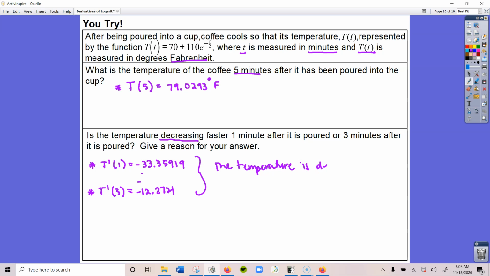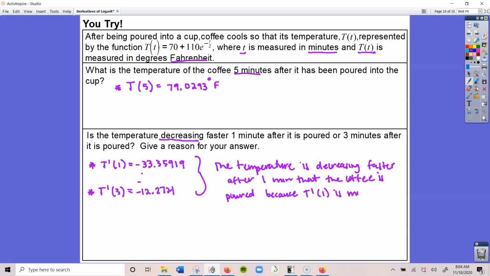The temperature is decreasing faster after 1 minute that the coffee is poured because T prime of 1 is more negative than T prime of 3.